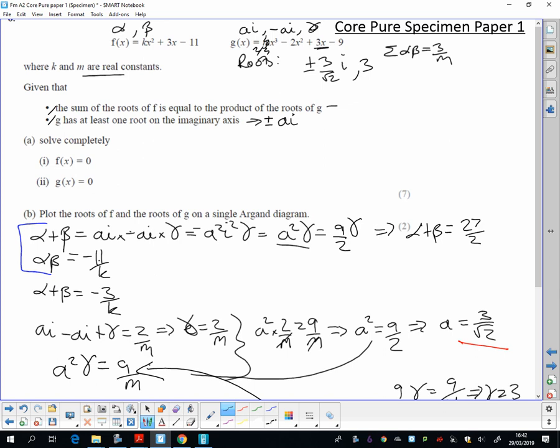If we wanted to find out from that, we also know that alpha plus beta, using this one, is -3/k. And so now we can use that to find that k is -2/9. So now we know that one. Now we've got the whole of that quadratic equation.